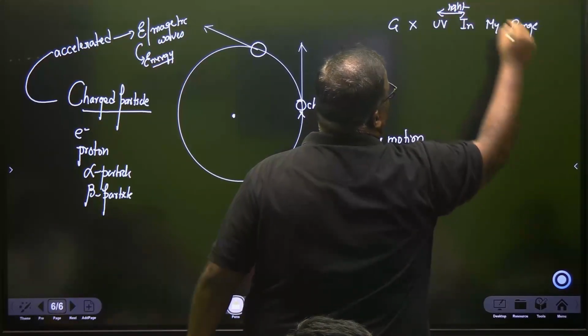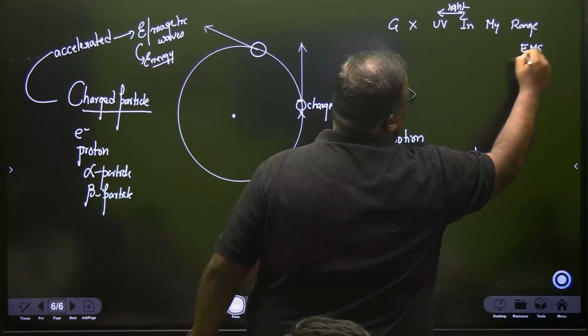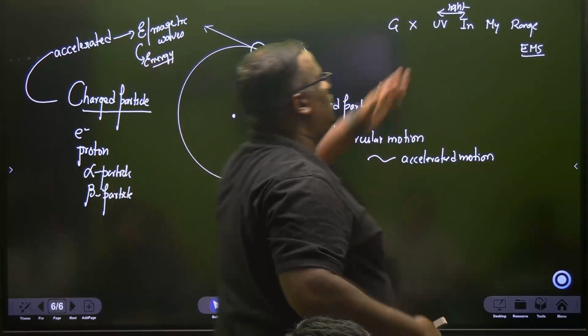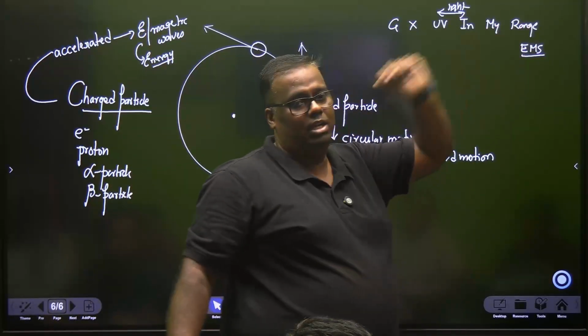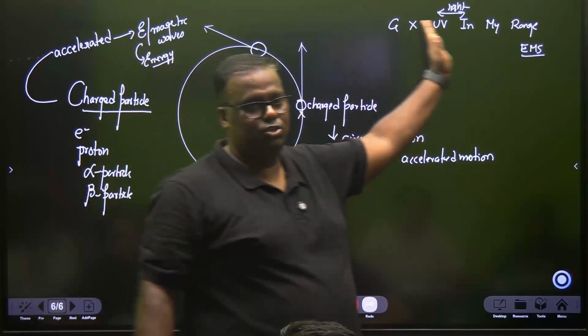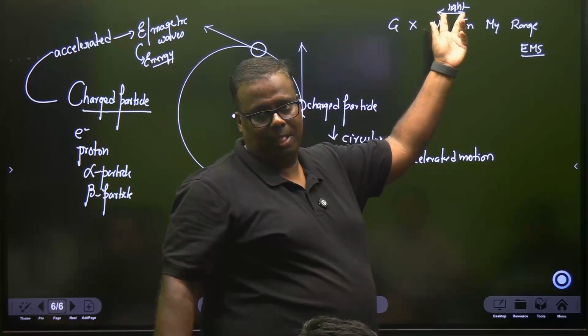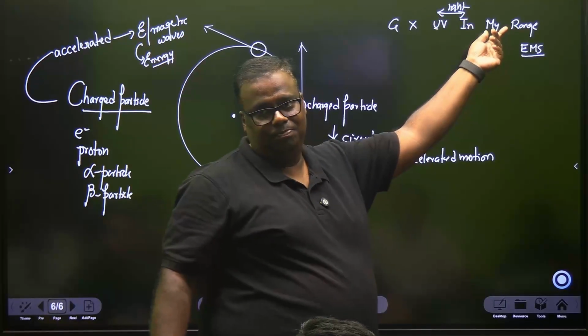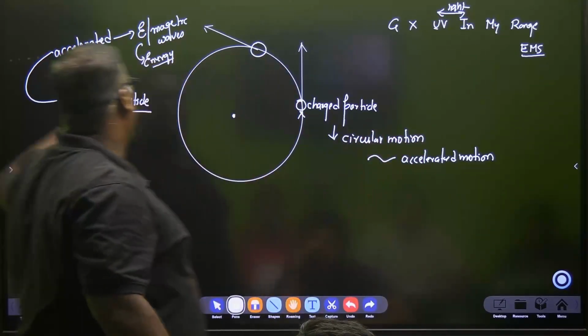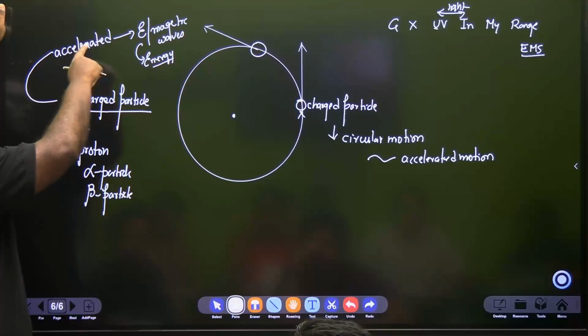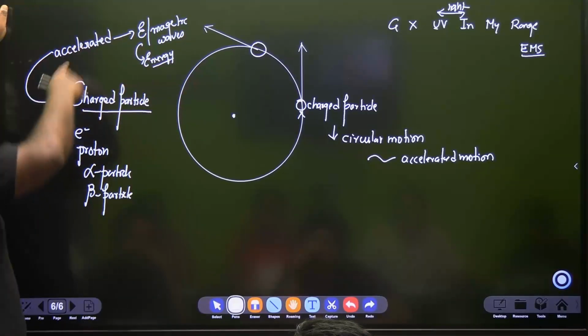The entire thing is known as the EMS, the electromagnetic spectrum: gamma, X-rays, UV, visible, infrared, microwave, and radio waves. That's the best way to remember it. And this portion is light. A microwave is here. That is also radiation.